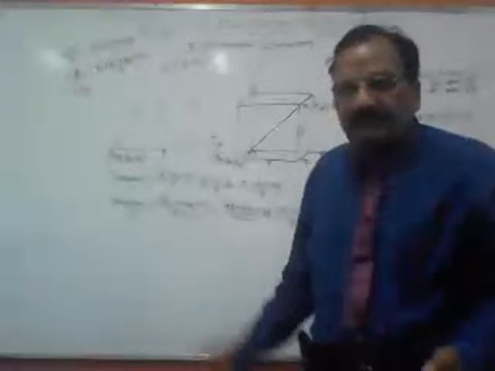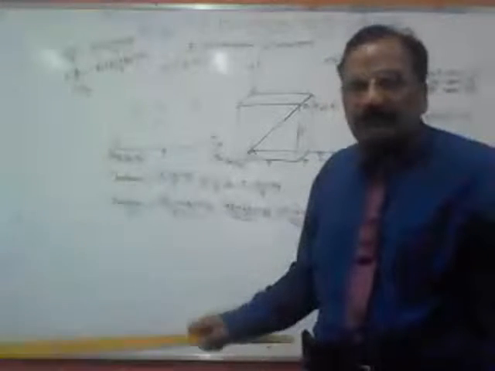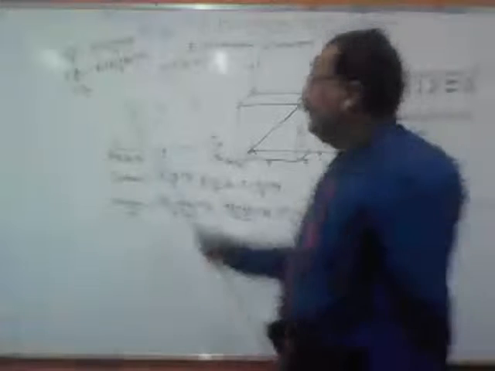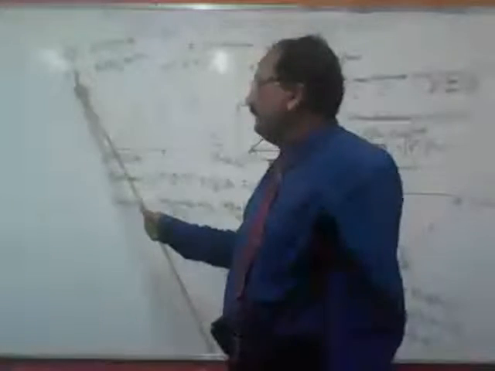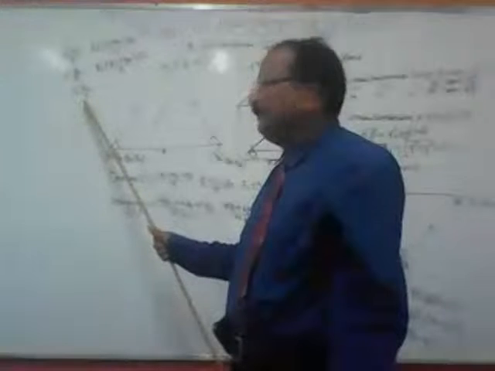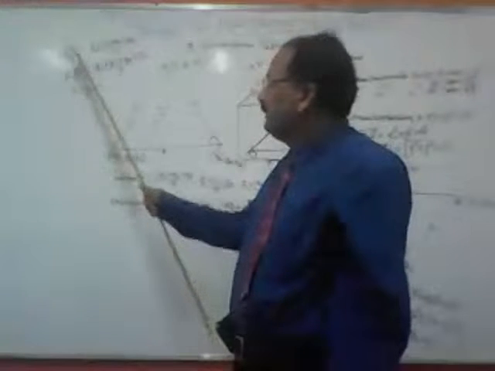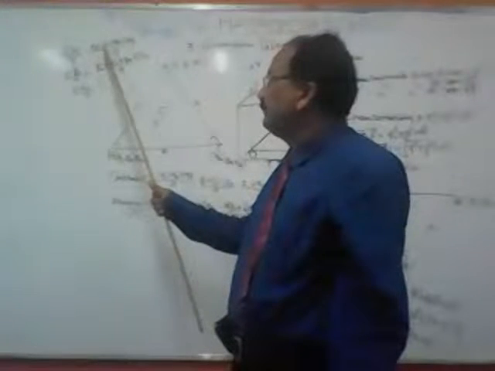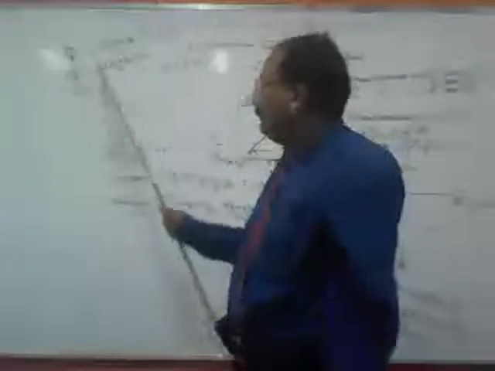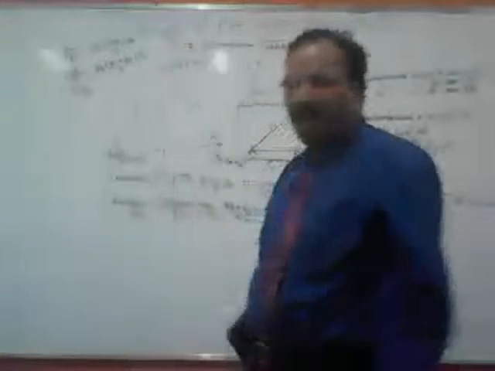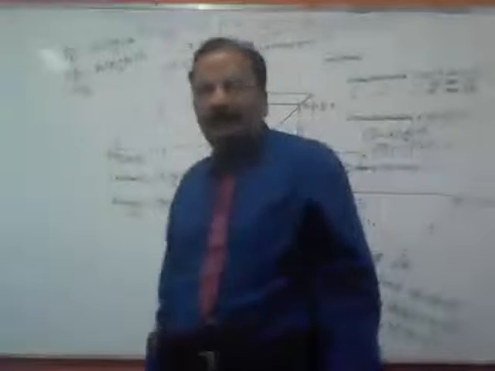Then the centroid in a tetrahedron is sigma xi by 4, sigma yi by 4, sigma zi by 4. It means x1 plus x2 plus x3 plus x4 by 4, and y likewise. Up to this stage you have become familiar.